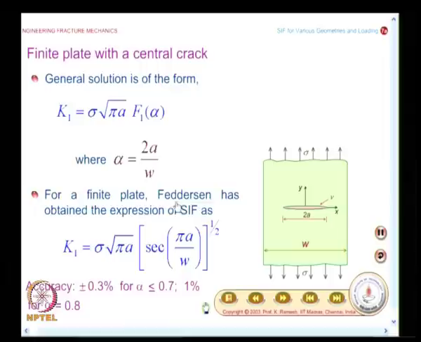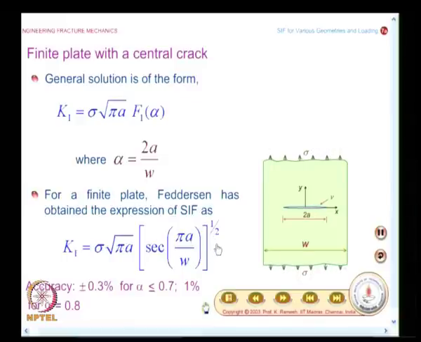And what Feddersen did was, I mentioned you have the solution of Isida, he did a fitting for the results and he obtained an expression for K which is given as sigma root pi a, multiplied by secant of pi a divided by W, whole power half, and this is known as the secant formula.